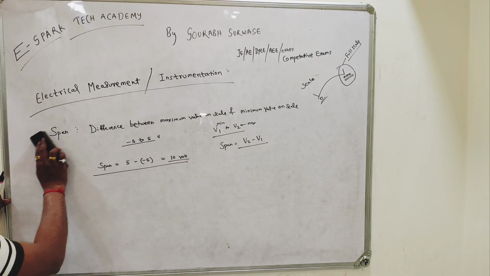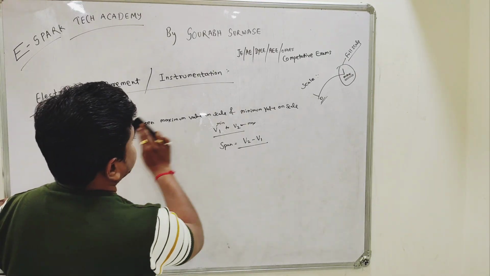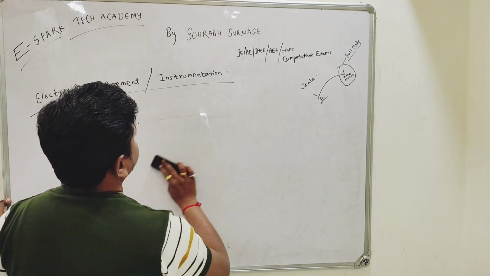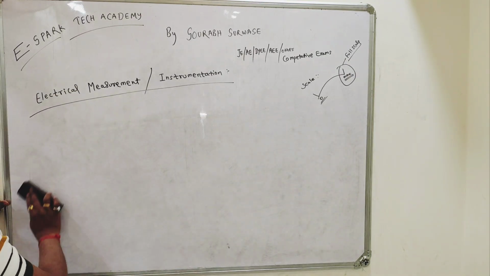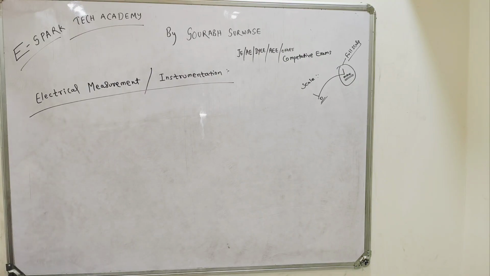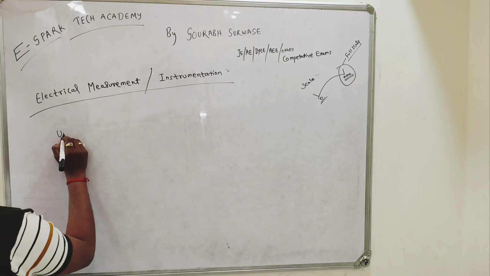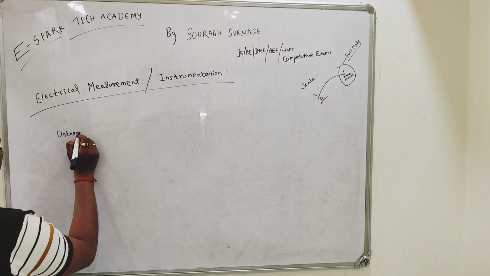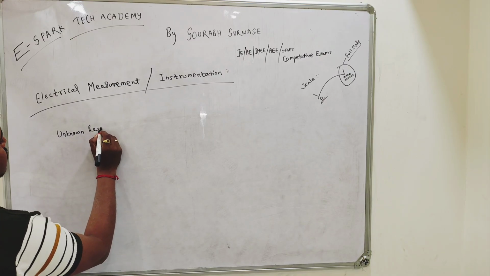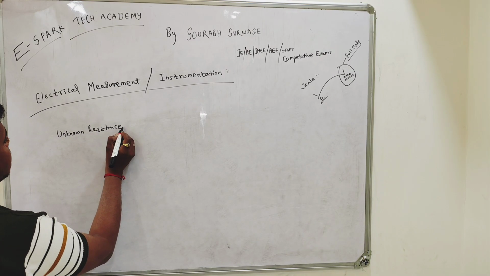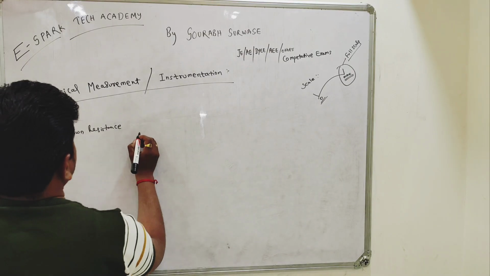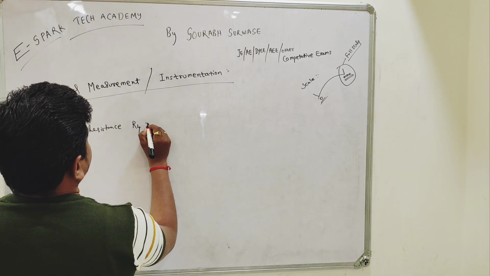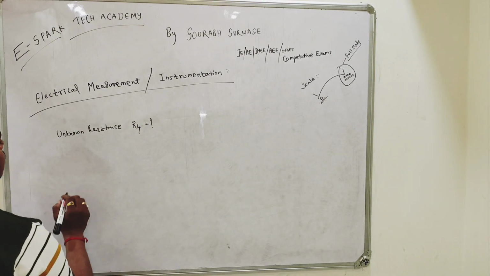Now again one type of problem will be asked in your exam regarding the bridge balance equation. Sometimes they will be telling us to calculate the unknown resistor. The problem is such that we have to calculate R4.